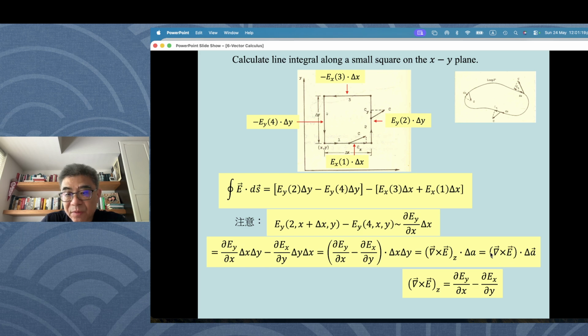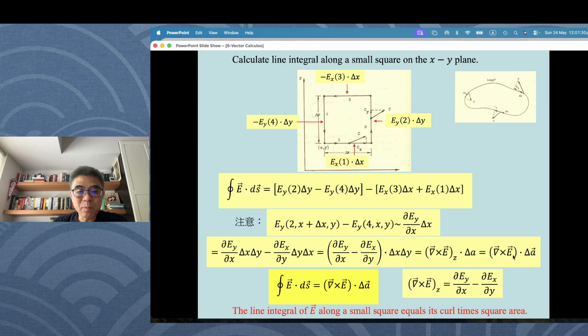Okay, so we finished converting our calculation into a very beautiful vectorial form with a differentiation. So it tells you the line integral along a small square on xy plane is equal to the curl dot delta A. However, on the right hand side, we write this expression in the vector form.